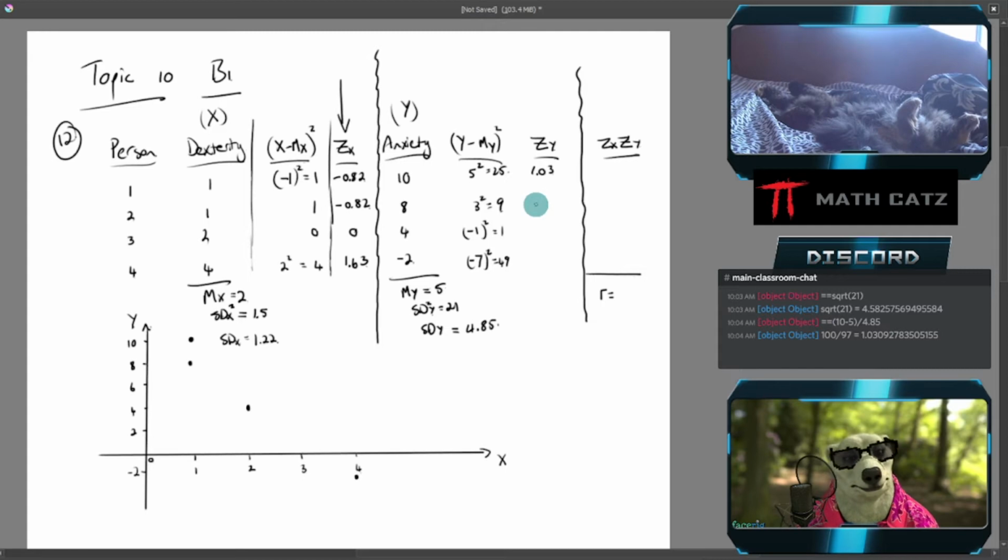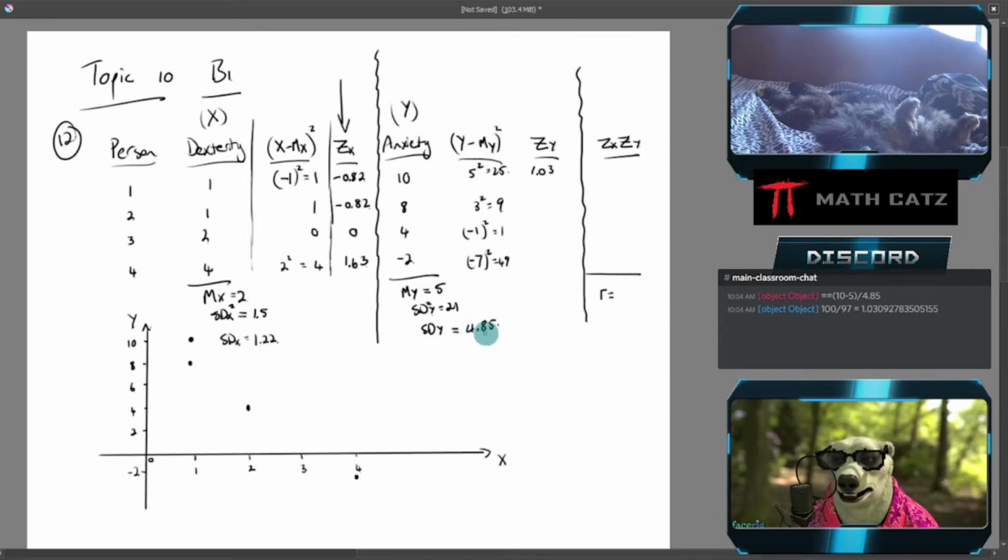And let's do one more. Raw score, which will be 8 minus the mean of 5 divided by standard deviation 4. I think I swapped the 5 and the 8.